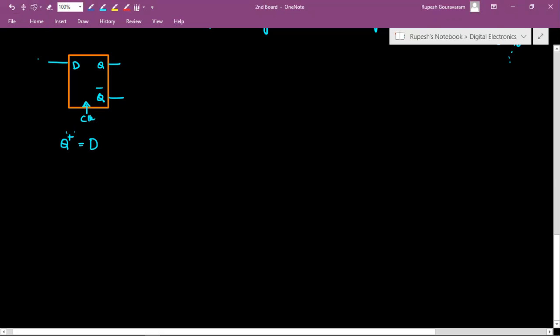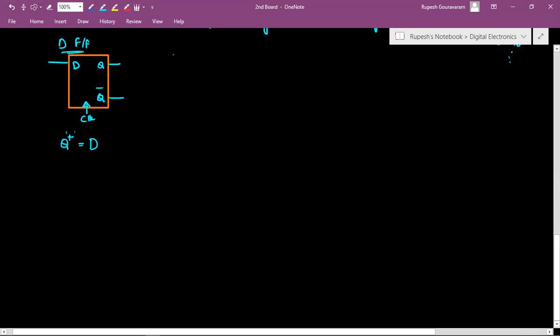Suppose I give 0 here, it is very simple. If you give 0, then after 1 clock cycle, the output will become 0. If you give 1 here, after 1 clock cycle, the output here will become 1. Okay. So this is what is known as the D flip-flop.